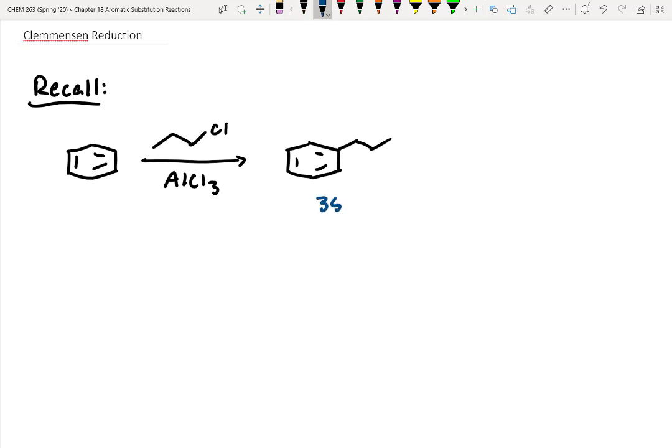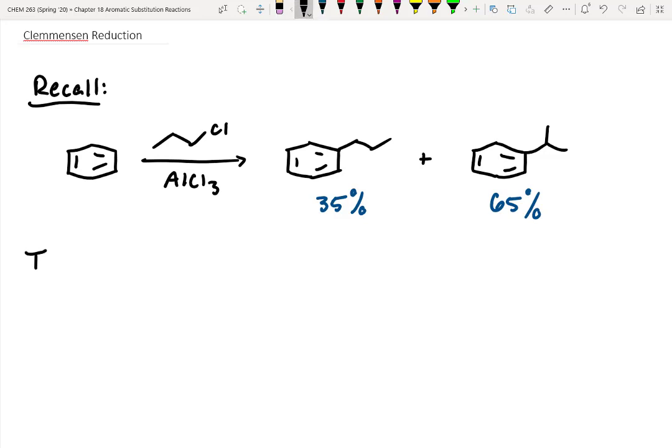However, this is only made at about 35%. The main product, if you recall, is isopropylbenzene due to the carbocation rearrangement that will occur after that carbocation is initially formed. So this would be the major product.